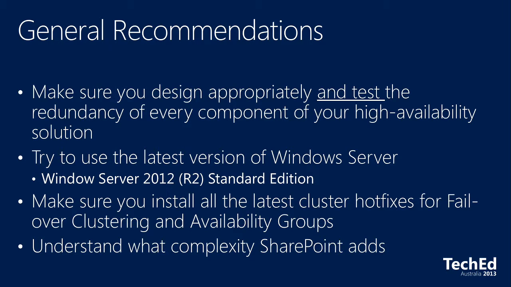Don't implement this on 2008 R2 if you can. Make sure you install all the latest hot fixes for clustering. So both for availability groups, because they rely upon the clustering DLLs, EXEs, etc. Make sure you install the latest hot fixes, patches, and those sorts of things there. There are substantial improvements in performance and reliability of clustering in that particular case there.